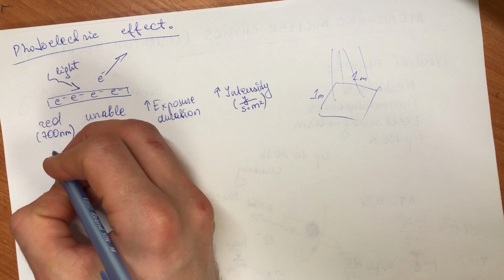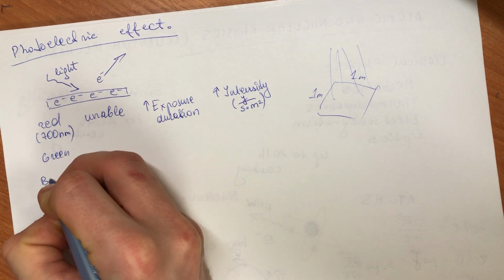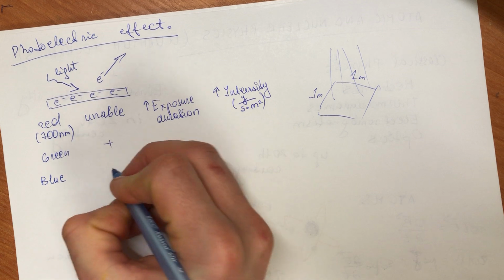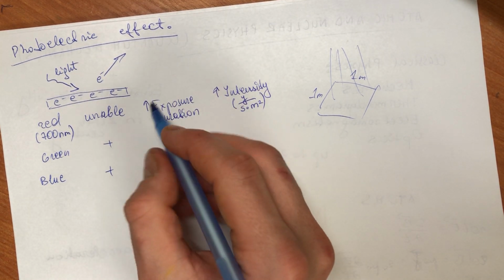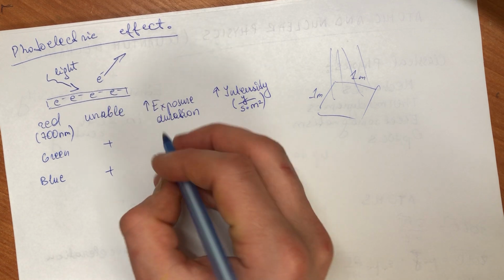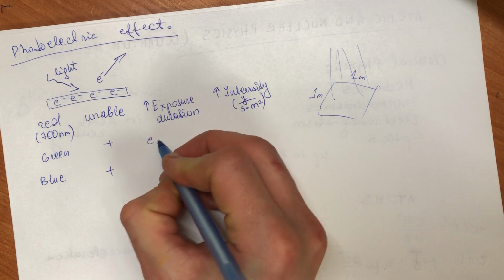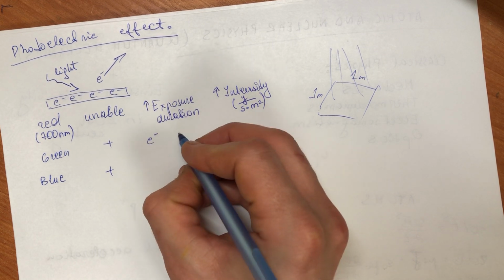And green and blue were able to produce electrons, and when electrons were emitted by green light, these flying electrons had some kinetic energy.